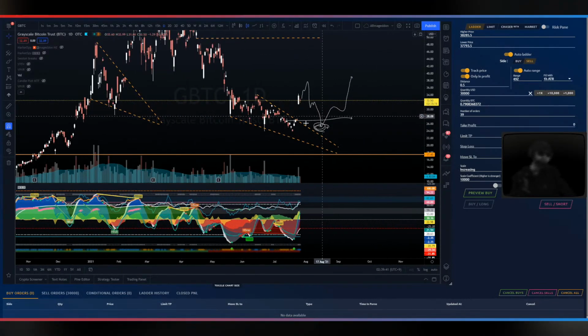This gap will not stay, and so I think that is going to happen within the next few days. Possibly next week we'll have a little red candle. It's gonna last for 4 or 5 days, and it's a buy signal at that point.